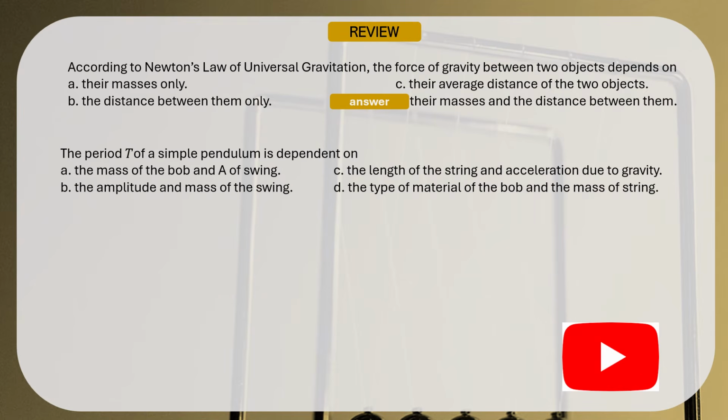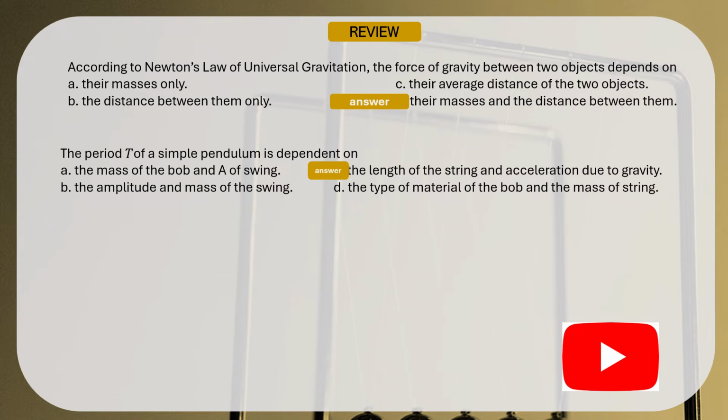The period of a simple pendulum is dependent on blank. The answer for this item is letter C. It is dependent on the length of the string and the acceleration due to gravity.